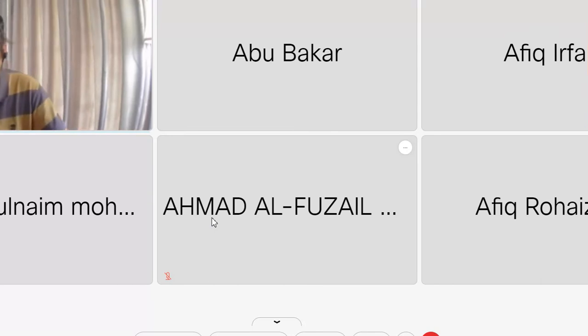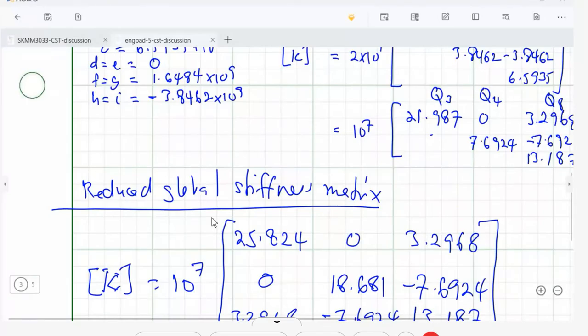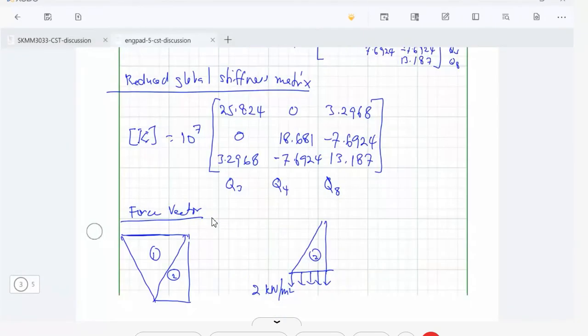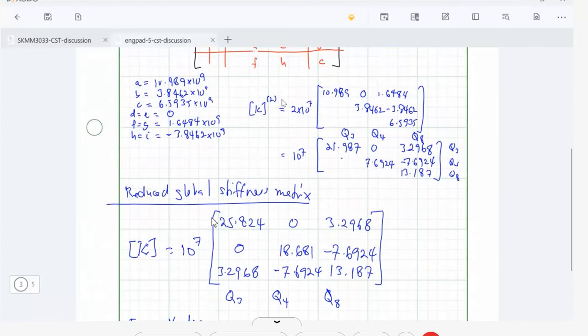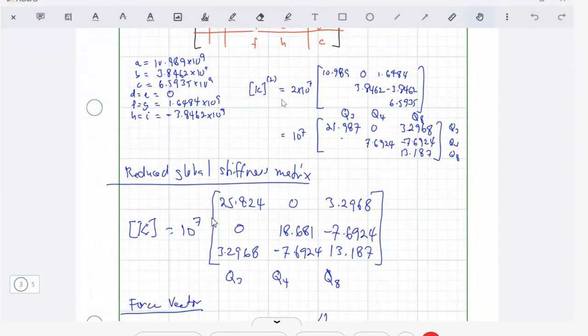Okay, so let's reshare this so that you can see what I'm doing. Okay, right. So this is the load, and we also have this concentrated load.